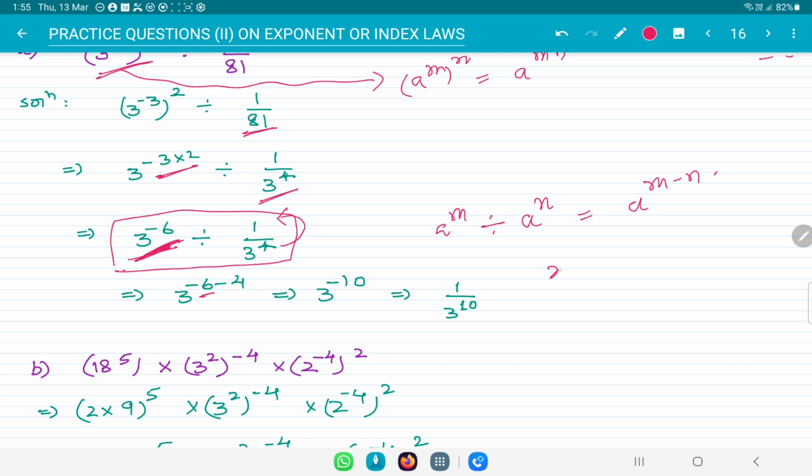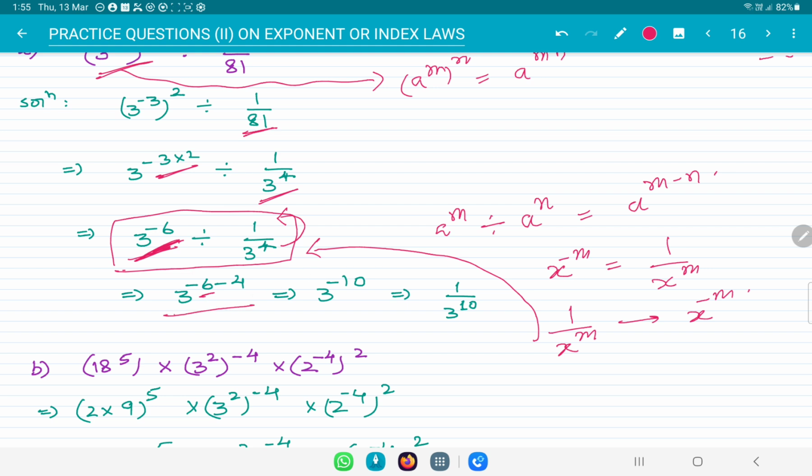As you know, x raised to the power minus m can be written as 1 upon x raised to the power m. Or if I say 1 upon x raised to the power m, it can be written as x raised to the power minus m. So here we use the same formula. Since it is in the denominator and it is 3 raised to the power plus 4, when it comes to the numerator, it will become minus 4.